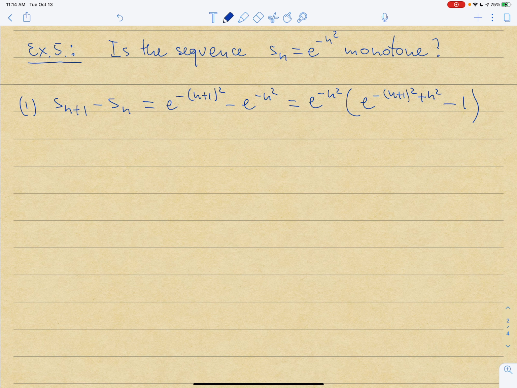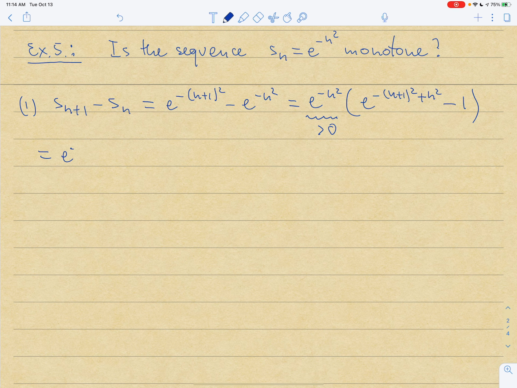Okay, so e to the minus n squared, an exponential function, is always greater than 0. So this term is always positive. So then the sign of Sn plus 1 minus Sn is determined by this parenthesis. So what can I say here? Obviously, I can try to simplify the power in the exponential.